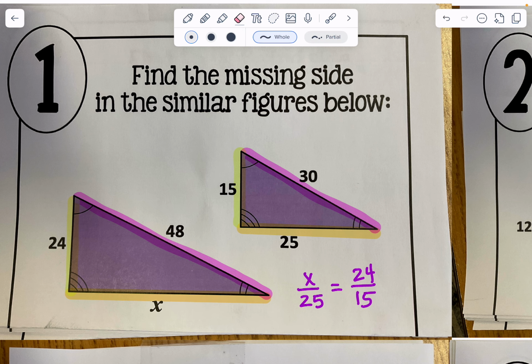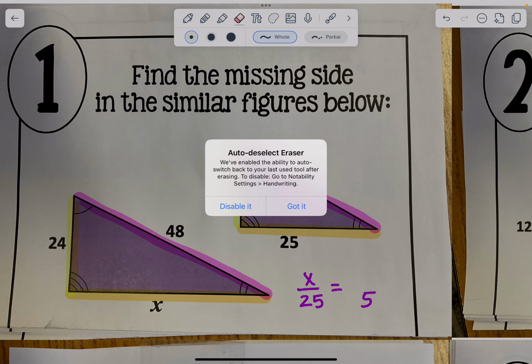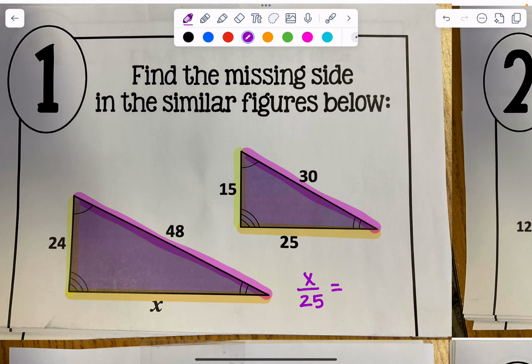You could have also chosen these two sides and set it equal to 48 over 30. Now, if you wrote 25 over X, then all of your fractions would be upside down compared to mine.